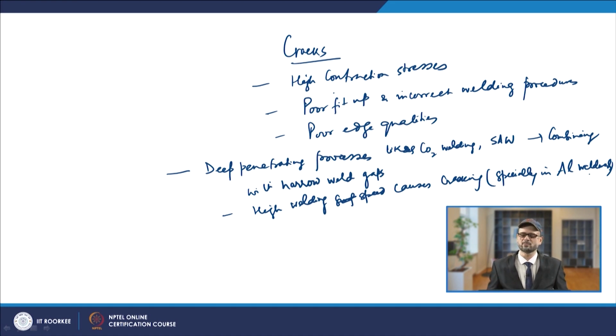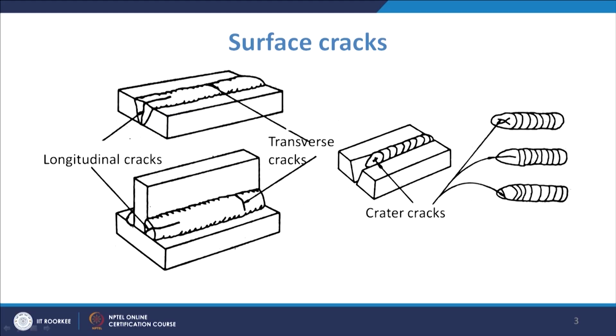Then you talk about the different types of cracks. We have already studied that, depending upon the way they are oriented, you have longitudinal and transverse cracks, and you have crater cracks. So this is seen as the longitudinal crack. You have the presence of transverse cracks, and then also you can see here these are the crater cracks.